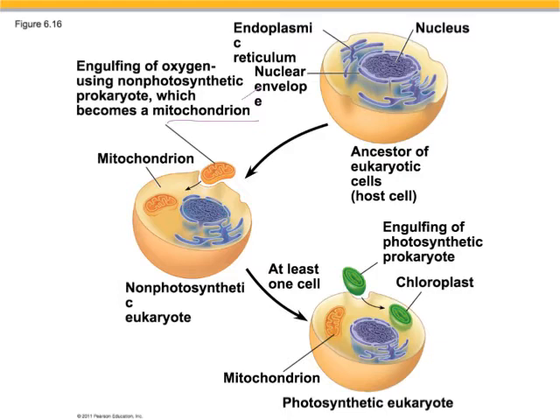And then it also eventually engulfed a cell that was a photosynthetic prokaryote. So eventually they formed this relationship. This symbiosis means relationship with the host cell, and they started working together, and they merged into a single organism.